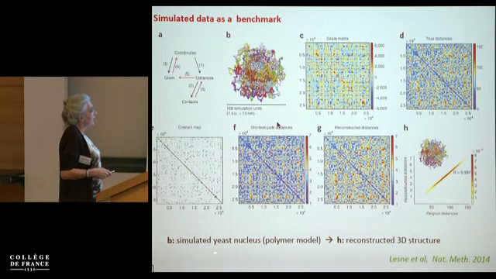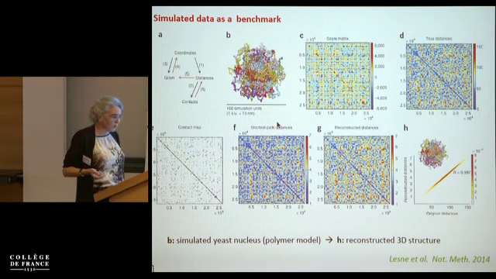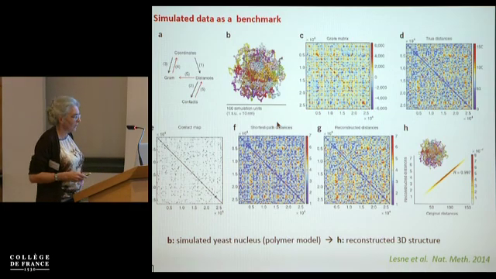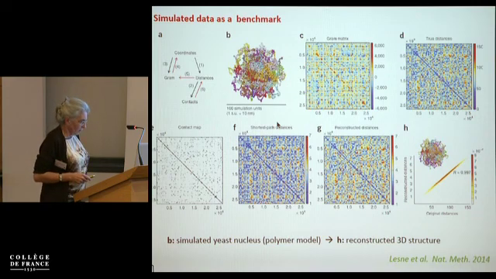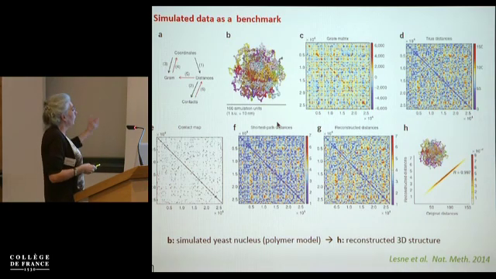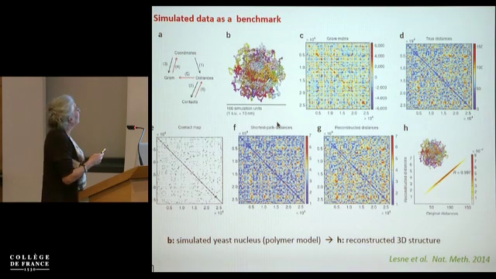To validate this algorithm, which is very fast because it involves only diagonalization of a matrix and a shortest path computation on a network, with no optimization, no simulation, and no learning steps, this fast algorithm has been tested on simulated data.